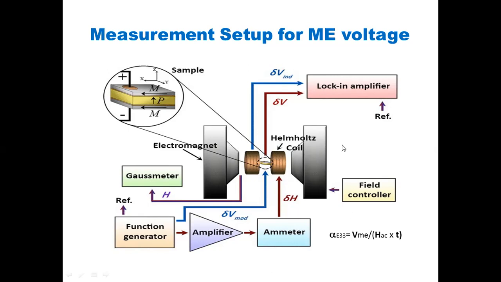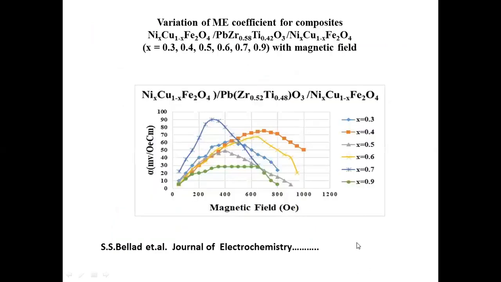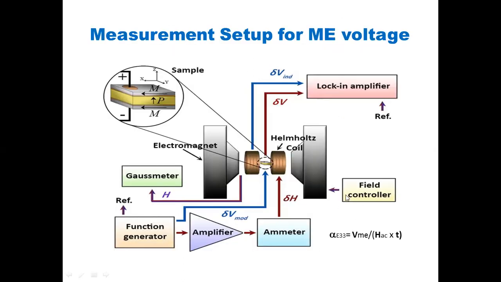So here actually from this lock-in amplifier, I am getting a VME, that means the magnetoelectric voltage developed across the sample. From that measurement, I am going to calculate the magnetoelectric coefficient alpha E33.